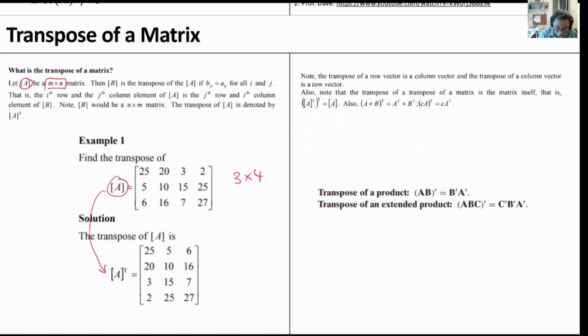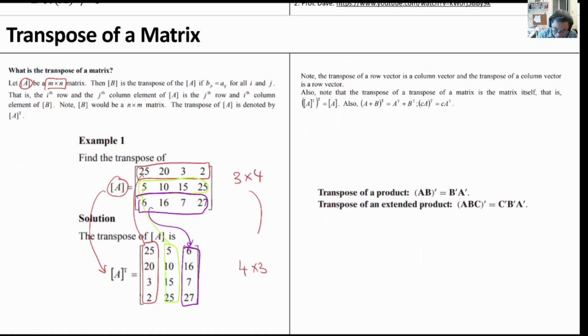This is the transpose. It will become a 4 by 3 matrix. Basically, the first row is changed into the first column. The second row is changed into the second column. And finally, the third row is changed into the third column.